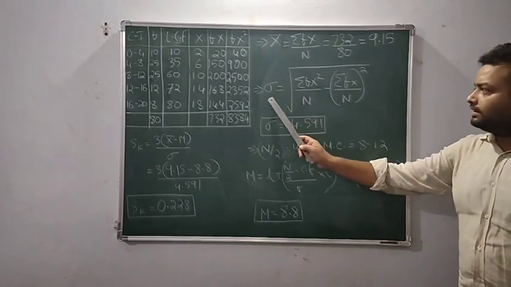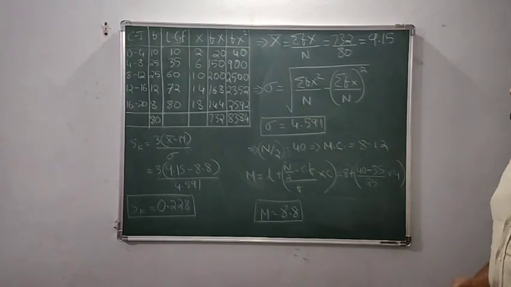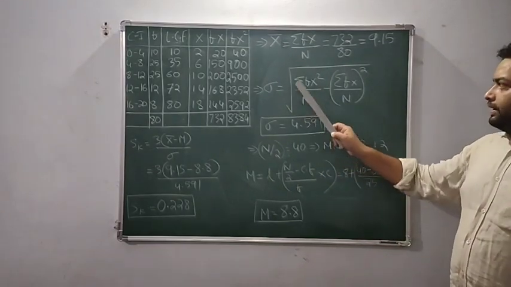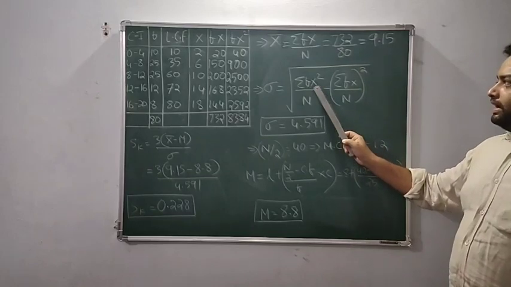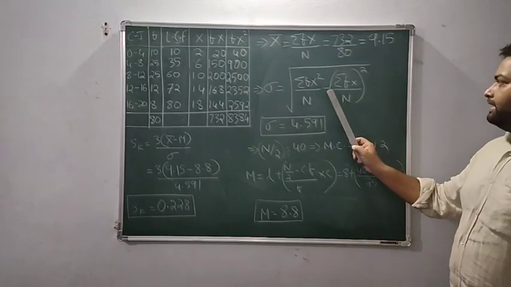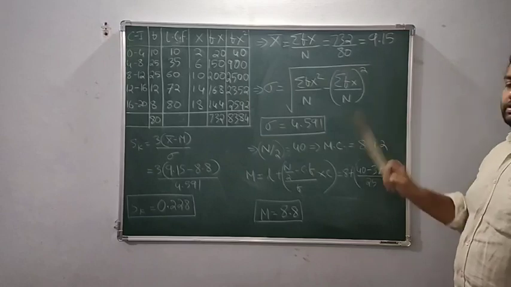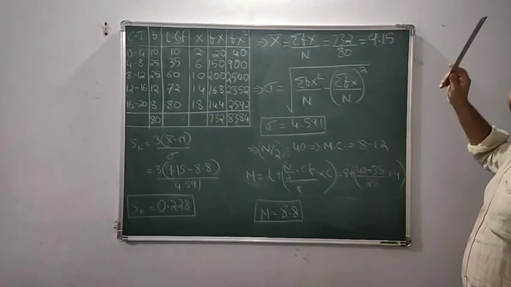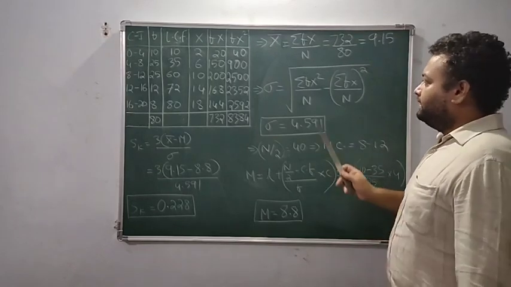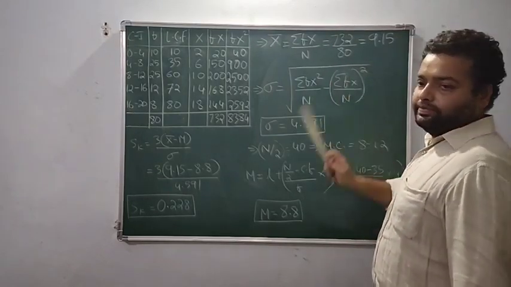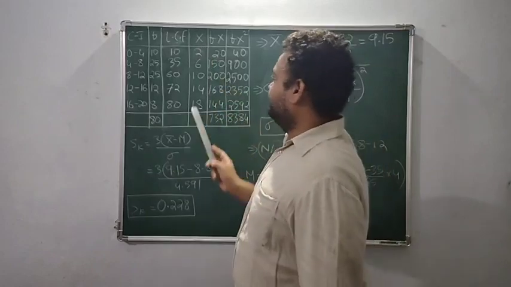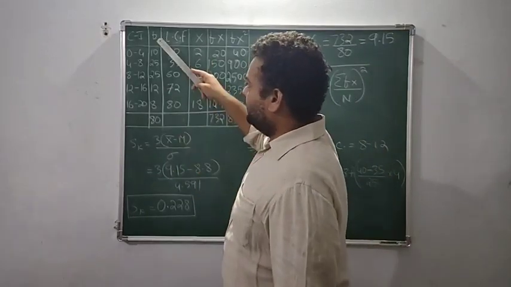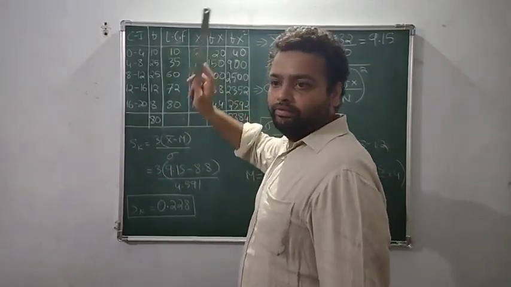Next, the formula for standard deviation is the square root of summation of f into x square divided by n, minus summation of fx divided by n whole square. We already have summation of fx by n, so we need to find the column f into x square. We need to square the x values and multiply them with the respective frequencies.